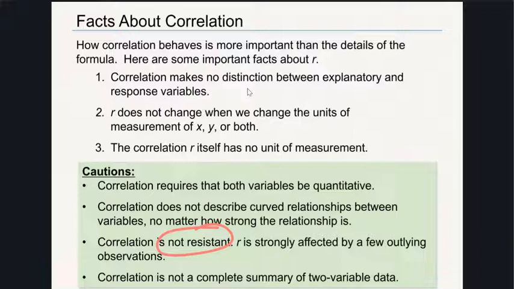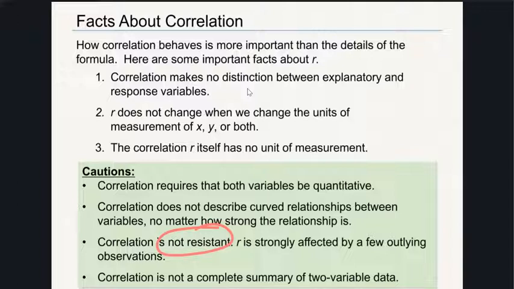If a car costs a certain amount of money, how many miles does it have on it? If I pose the question that way, my explanatory variable is how much it costs, and my response variable would be the mileage. So I'm comparing price to mileage.